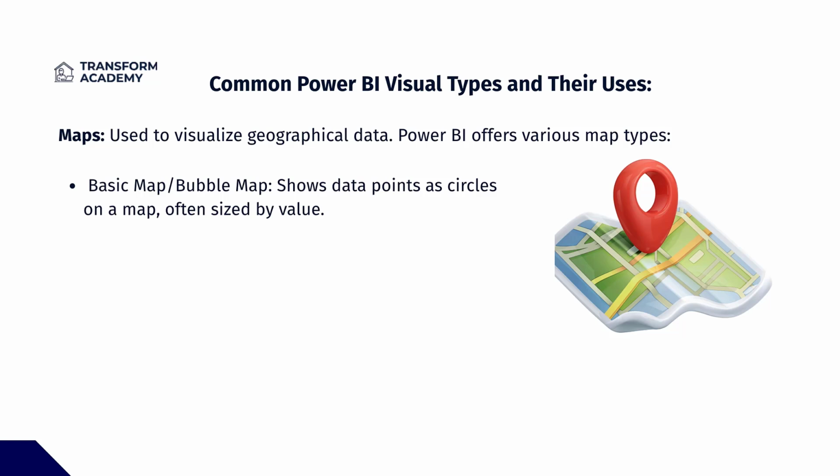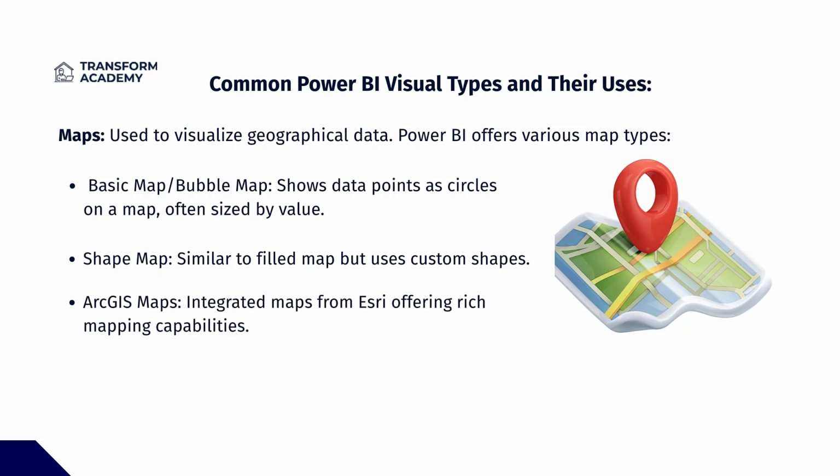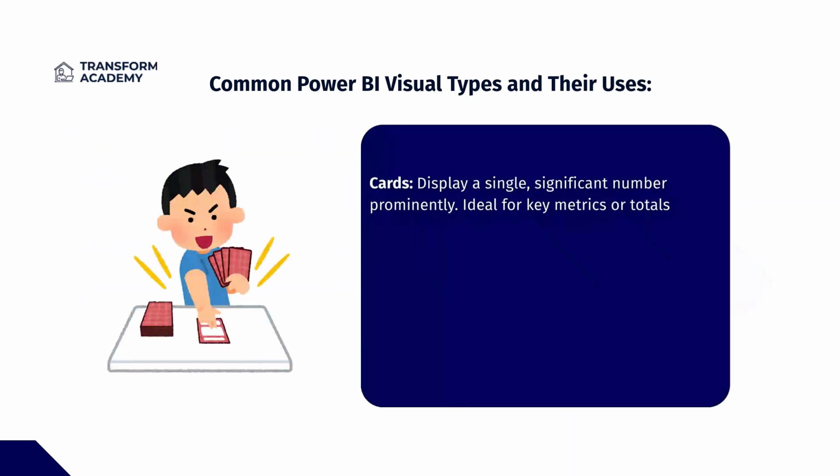Choropleth uses color intensity to represent values across defined regions, countries, states, zip codes. Shape map, similar to a filled map but uses custom shapes. ArcGIS map, integrated maps from Esri offering rich mapping capabilities.